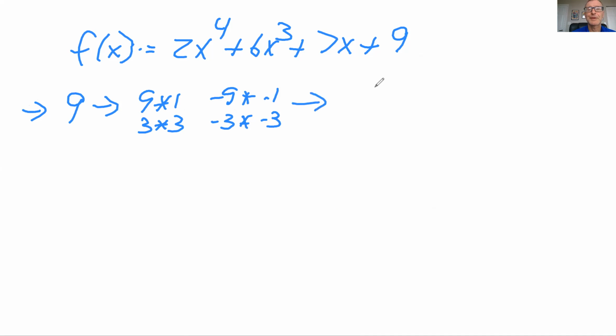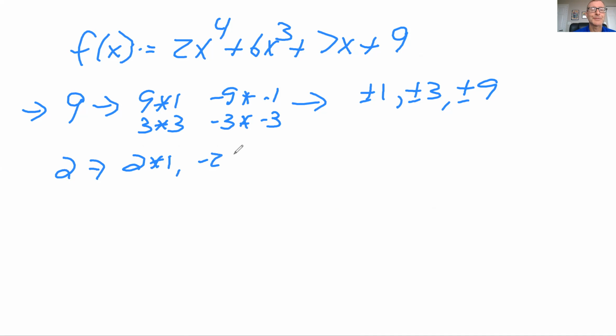And so in this case, you would have ±1, ±3, and ±9. So what are the factors of 2? Well, 2 is a prime number, which is nice, right? The only even prime number, so it would be 2 times 1 or -2 times -1. And so these factors are ±1 and ±2.